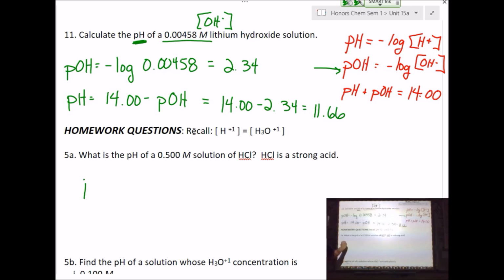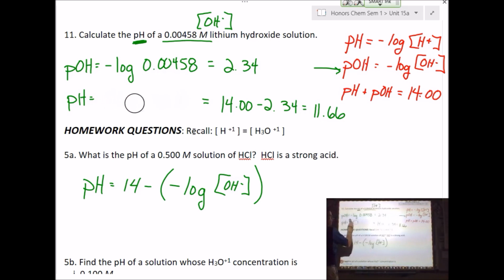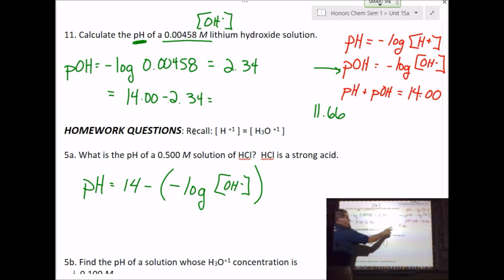Or, remember on the front where we had 14 minus this? This too would work. In other words, we're incorporating those two equations into one. Whichever you show me, make sure you're showing the whole process. Now, what I would need to see is this minimum. Oh shoot, I erased the pH.